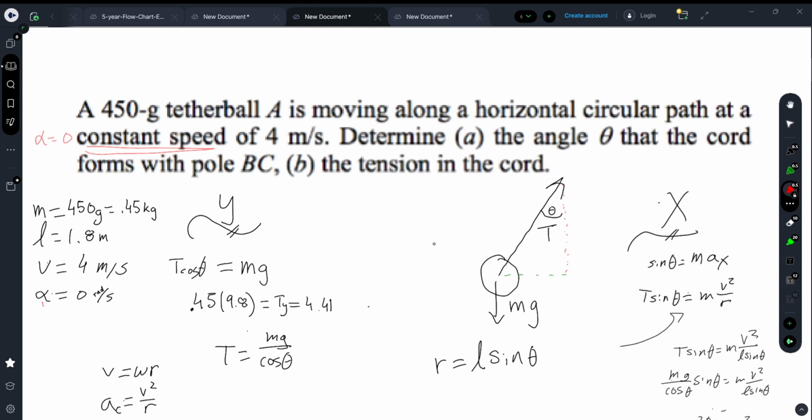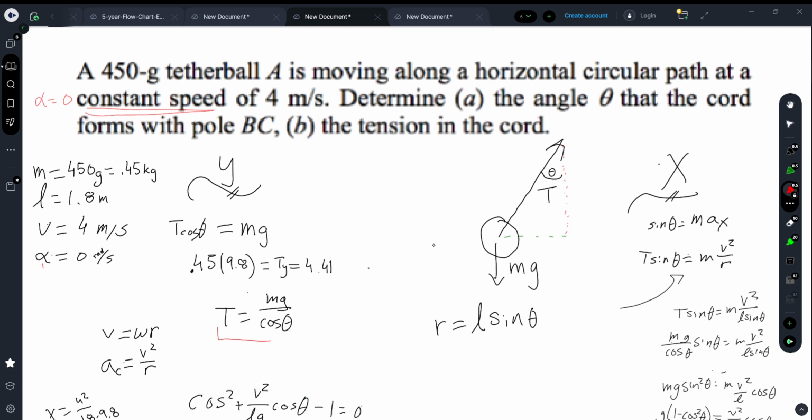It's not accelerating in the y direction. So then I set T cosine theta, and it's cosine because we're talking about this theta. So T cosine theta equals mg.